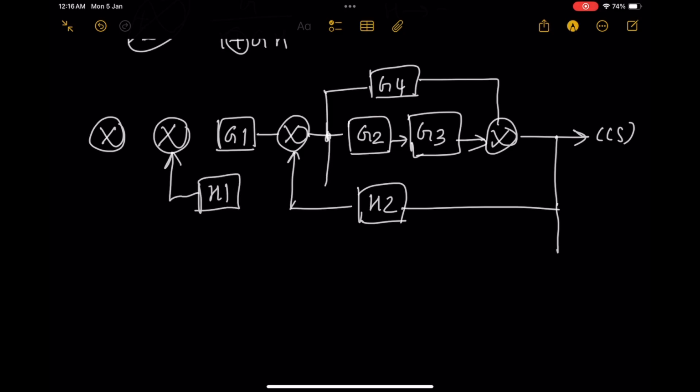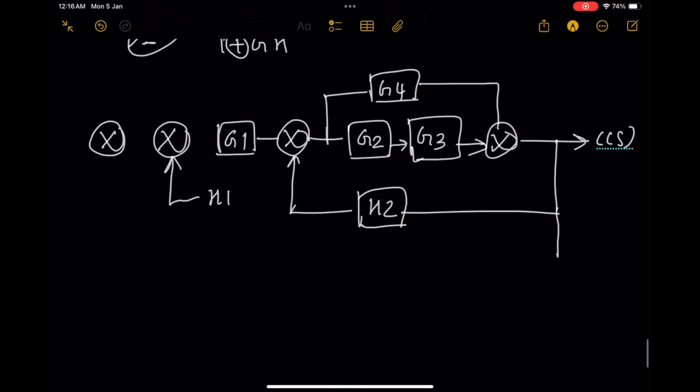So it is not H1 anymore. We have moved it from here to here, so it won't be H1 anymore, it will be H1 into G2.